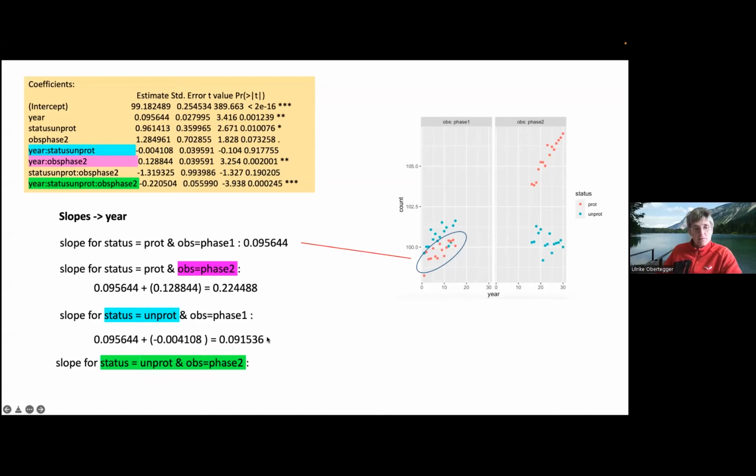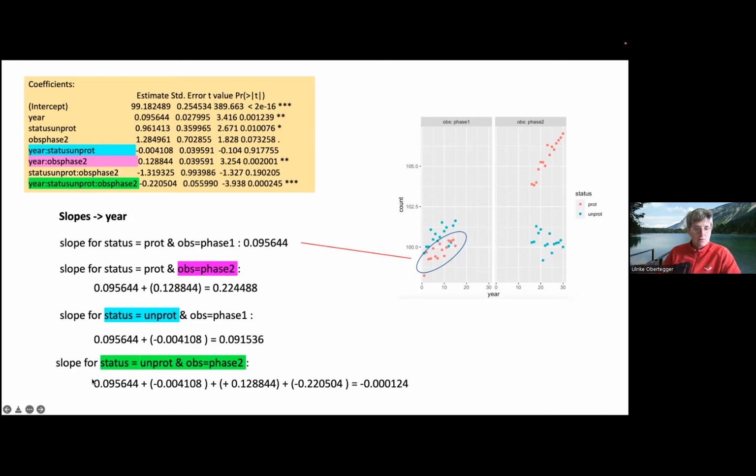And the last is the most complicated because you have the status unprotected and the observation phase is 2. So everything is different with respect to our baseline model. And then you have to add just everything that is reported.